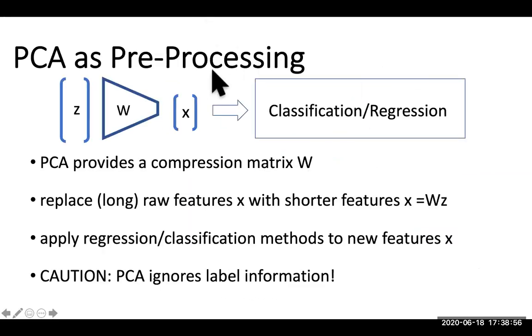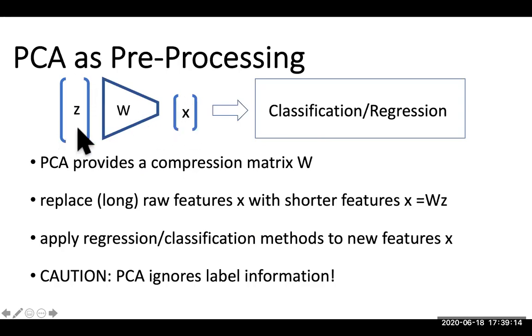Regarding the usage of PCA, I guess you have to combine PCA with linear regression or classification in the coding assignment, and the idea is, instead of using the raw features of a data point, use the compressed features.